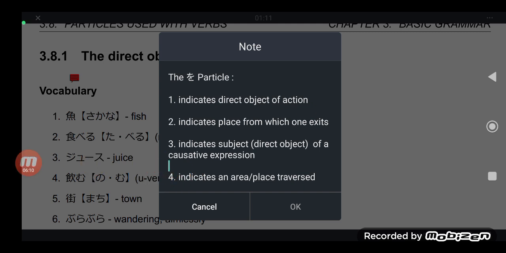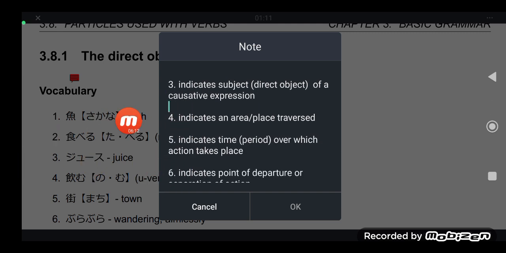Number 4, it indicates an area or place being traversed. Number 5, it indicates time or period, but this time or period has the nuance of being a direct object over which the action takes place.